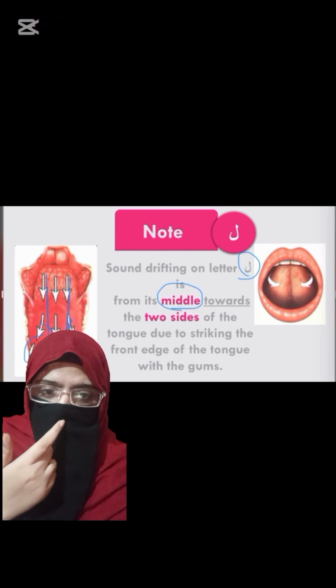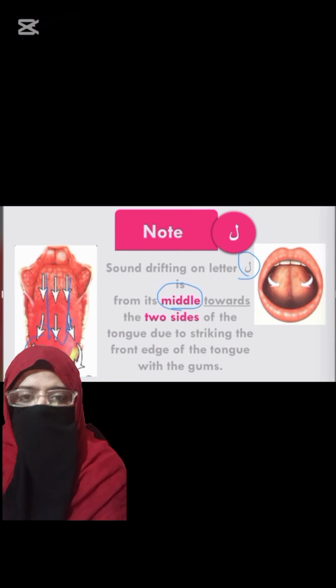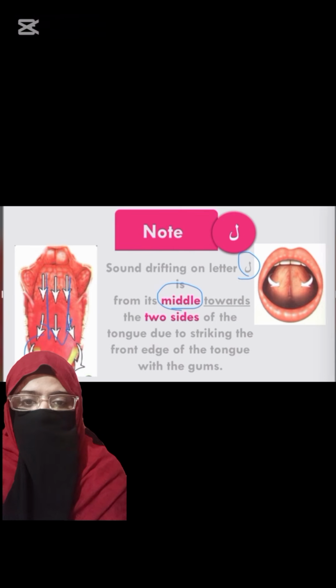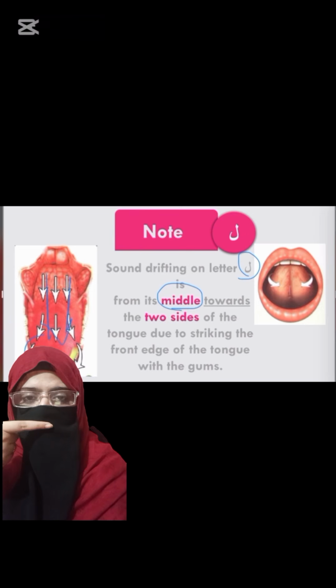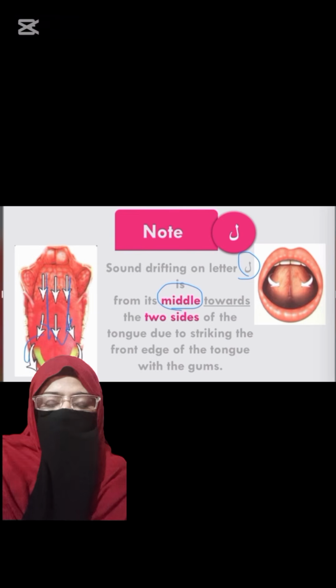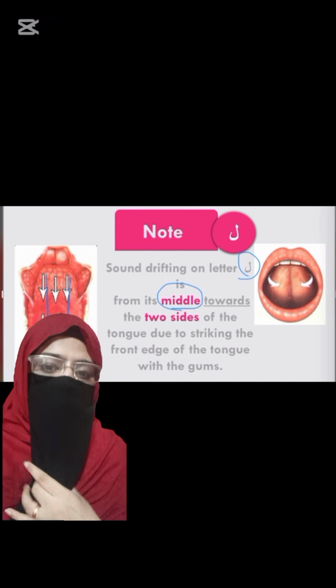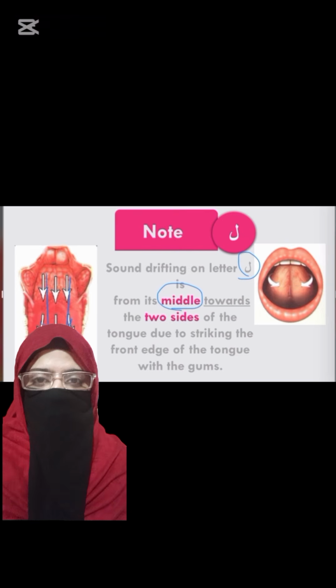You have to focus on touching the right pathway, and then the pronunciation is correct. Okay, so let's go to the ra pronunciation.